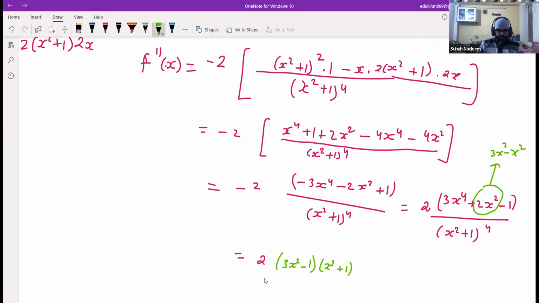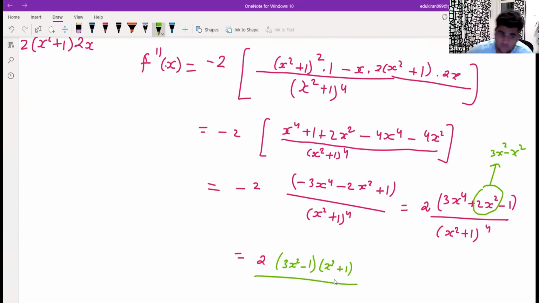minus 1. So where does the minus go? Isn't the minus 2 there? Sorry, isn't it minus 2 outside the bracket? Minus, it is becoming plus now. Okay, yes sir. I've taken minus common from the inside bracket from every term.